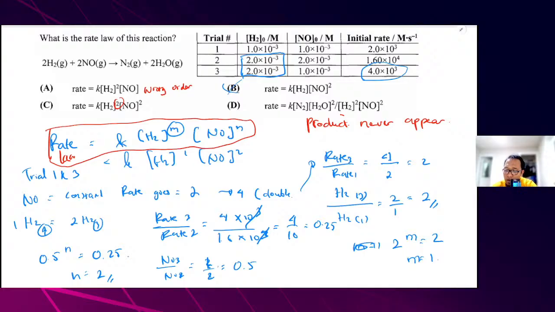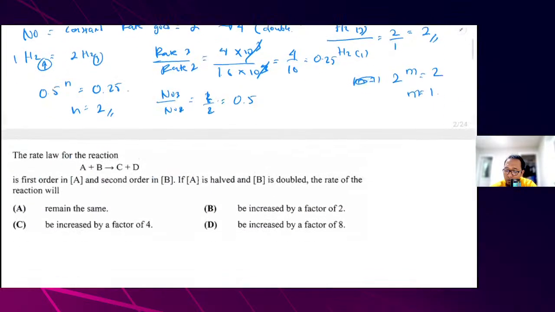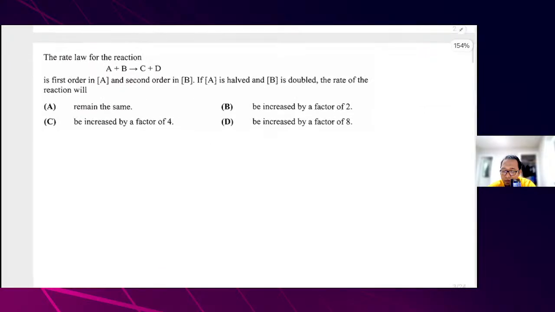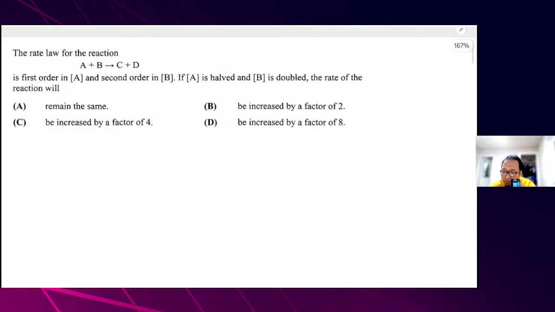Now let's move on to another problem. The rate law of the reaction blah blah blah. If it is first order in A and second order in B, so the rate is K, this is first order, and then B is second order.